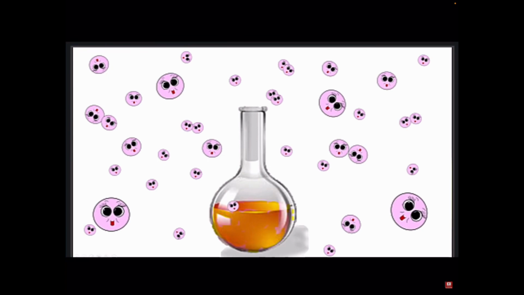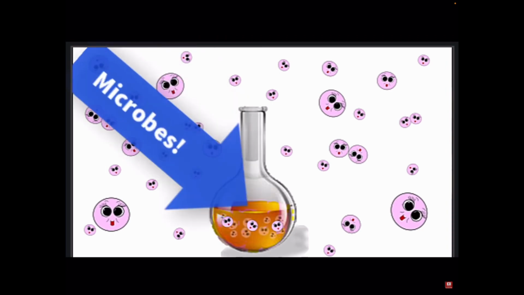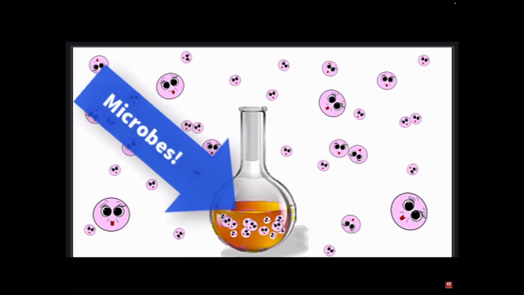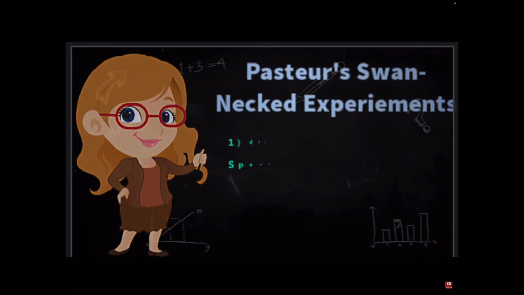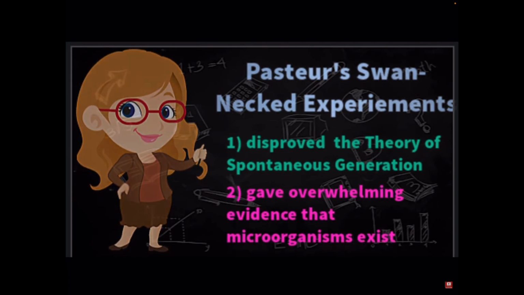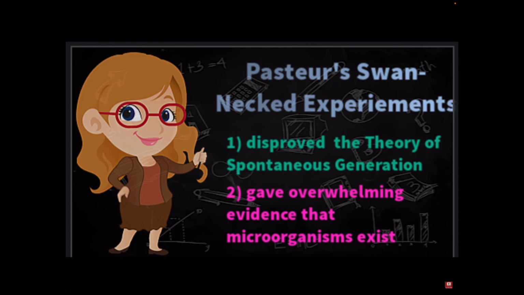And so the microorganisms did grow, and the microorganisms were found at the end of the incubation. Pasteur's swan-neck experiments disproved the theory of spontaneous generation and gave overwhelming evidence that microorganisms exist.